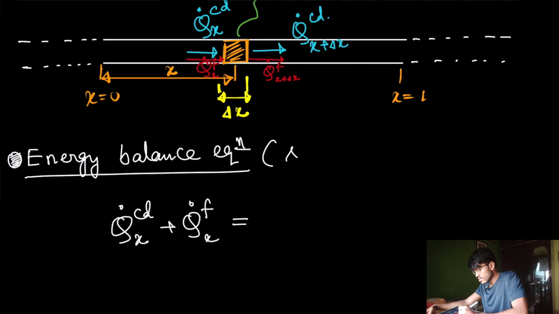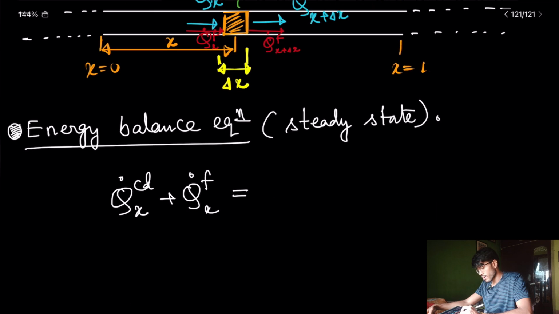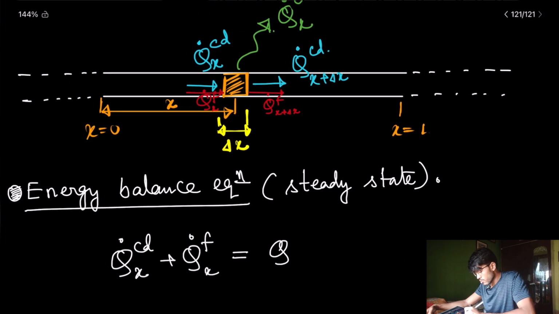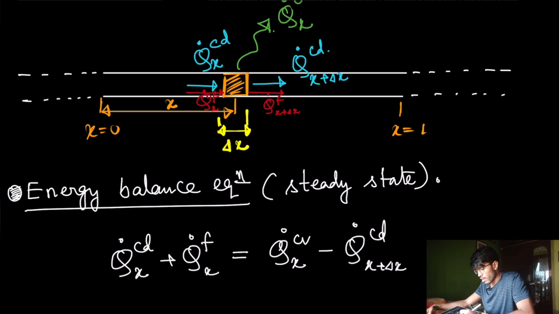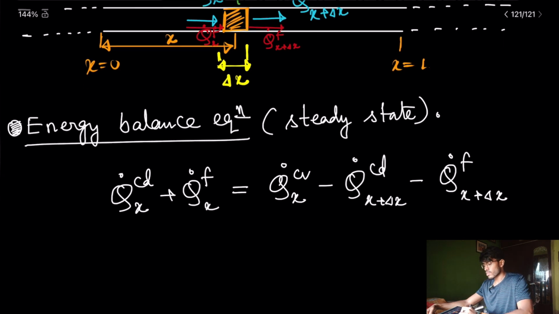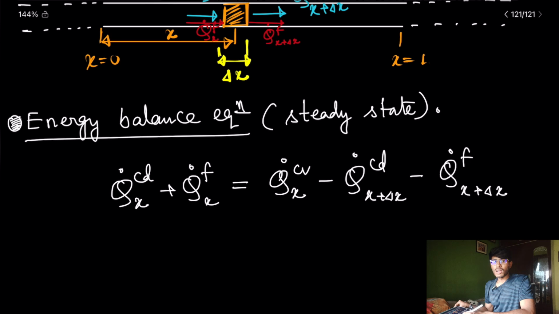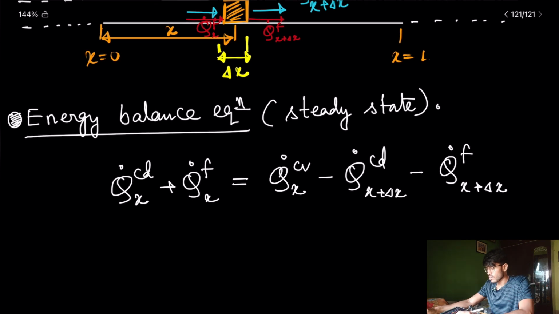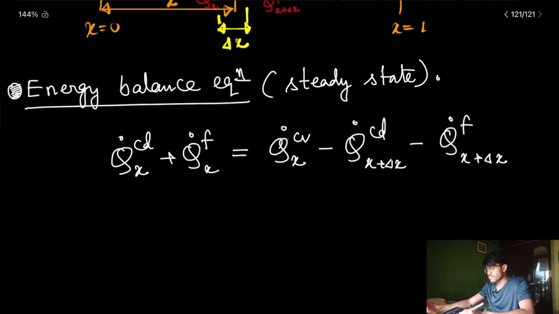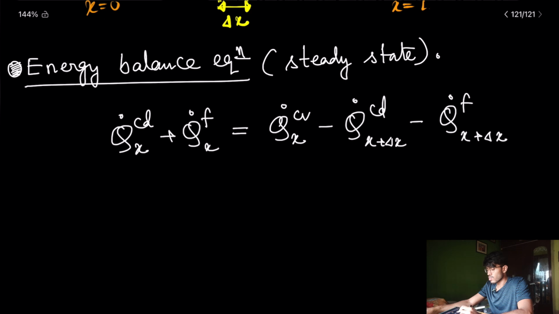This is a steady state obviously, because I have fixed my coordinate system on the furnace, so that will be Q dot x convection and minus Q dot conduction x plus delta x minus Q dot flow x plus delta x. I hope this is clear, right?